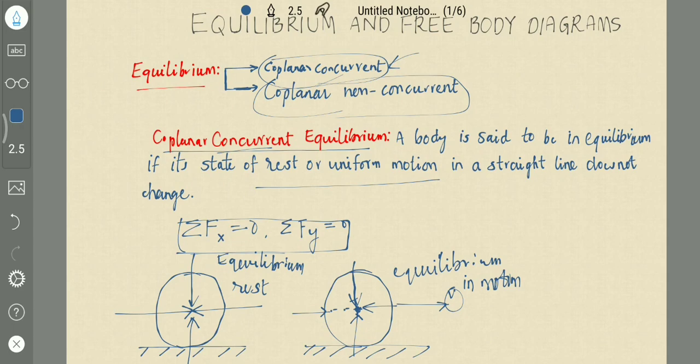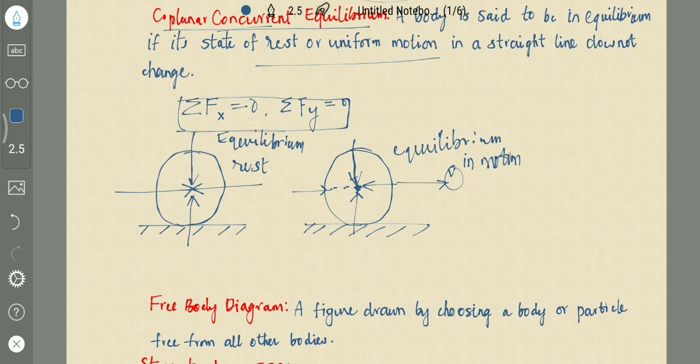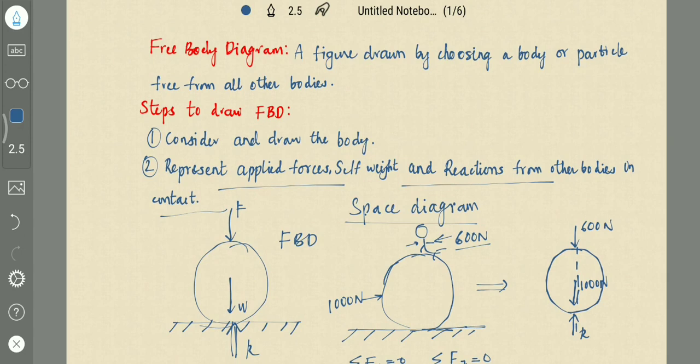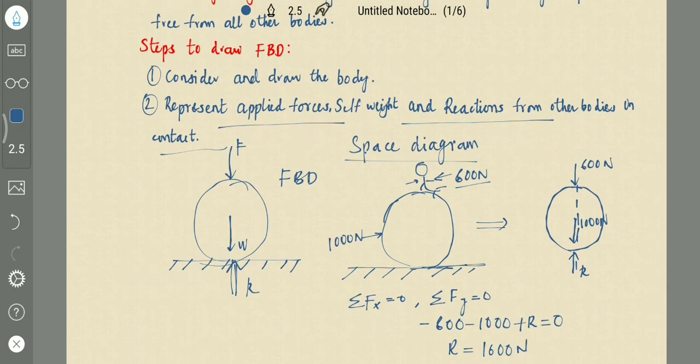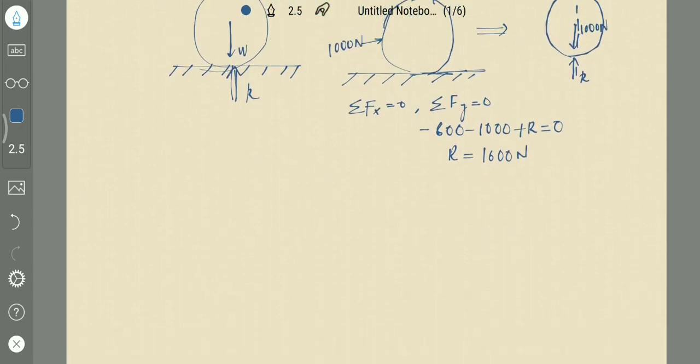In non-concurrent equilibrium, there should be no translation and no rotational movement. What is a free body diagram? A free body diagram is a diagram drawn considering a body free from all other bodies, and we have to represent all the forces, self-weight and the reactions from other bodies in the system.